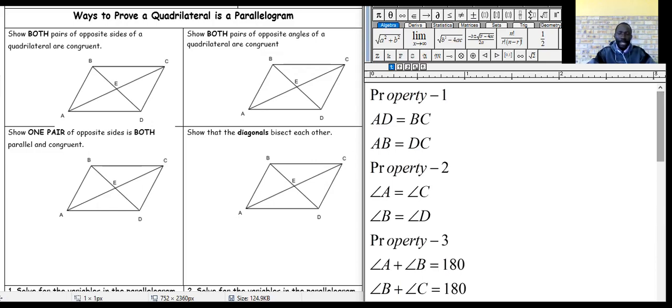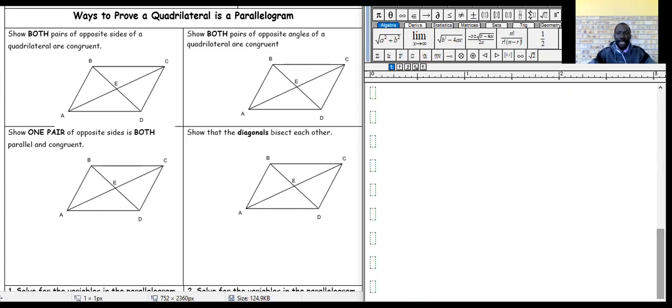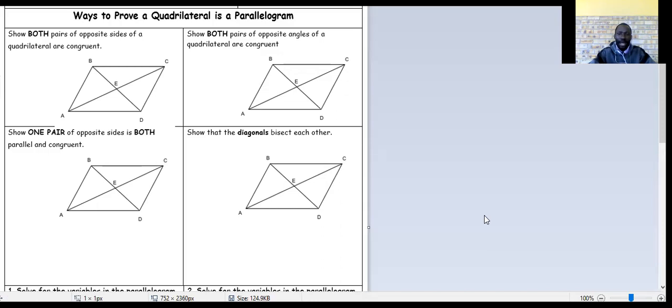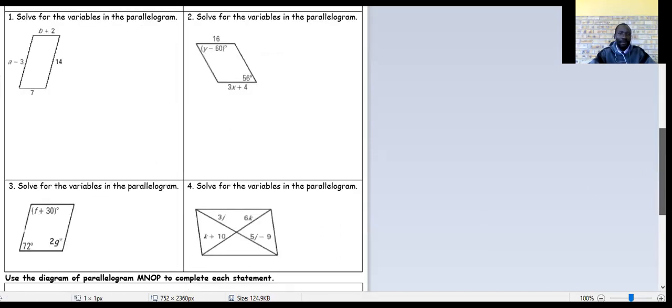Before we get into the technicality of proving these properties, let's first use them. Let's see how they work, if they can help us find things nicely. So we will be moving right away into these other activities.